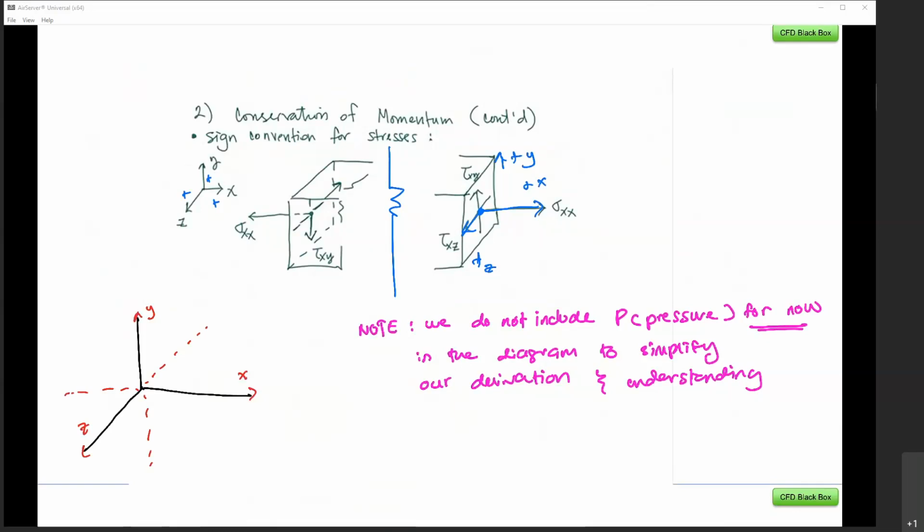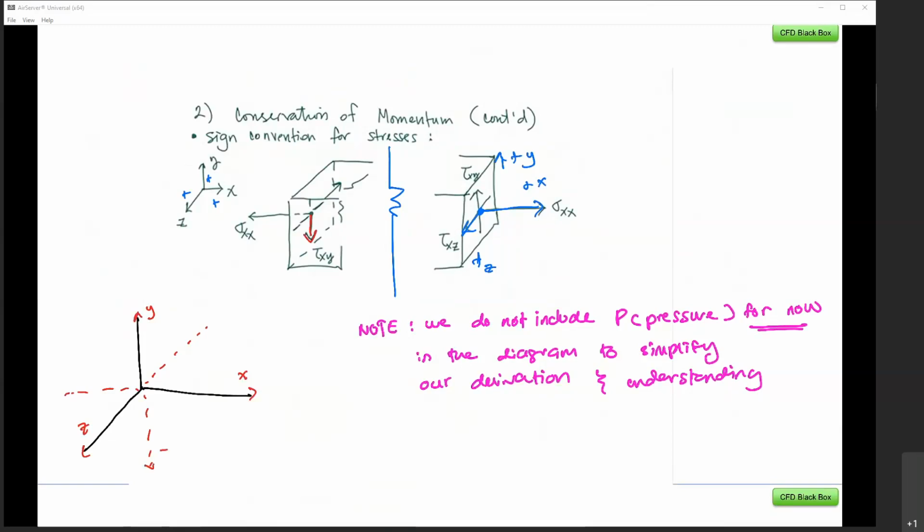On the left side, there will always be forces of the same magnitude but opposite direction, from Newton's law. So for the left side, tau xy is moving down, so that's negative.